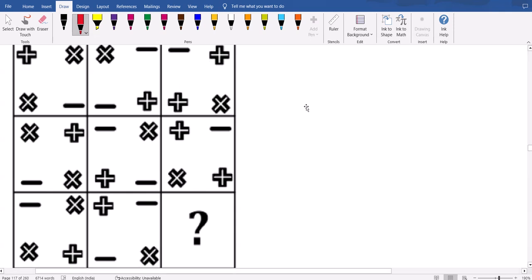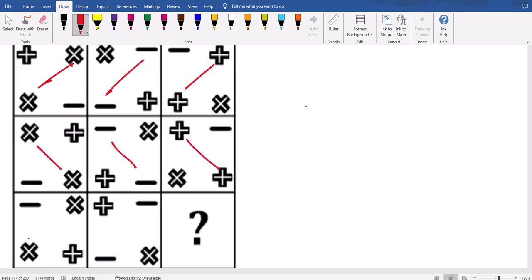So here, if you see the logic, they have given into diagonally, minus diagonally, plus diagonal, right? Whereas here into this diagonal, minus this diagonal, plus this diagonal. Now here into this diagonal, minus this diagonal, next should be plus in these two diagonals.